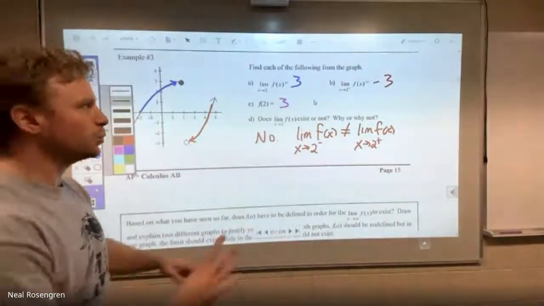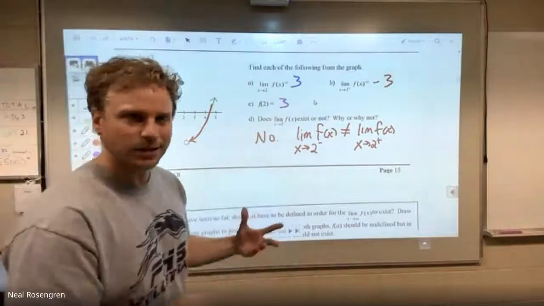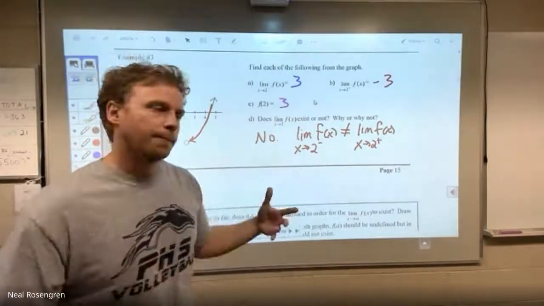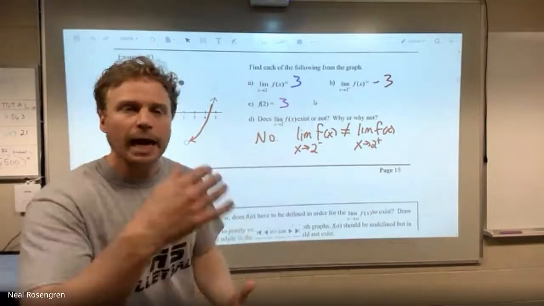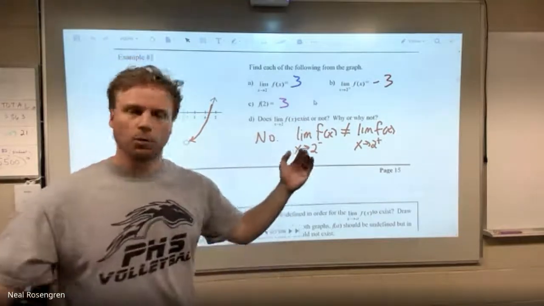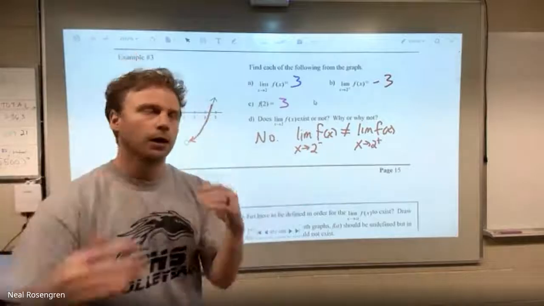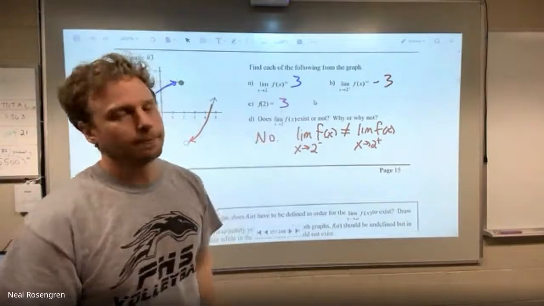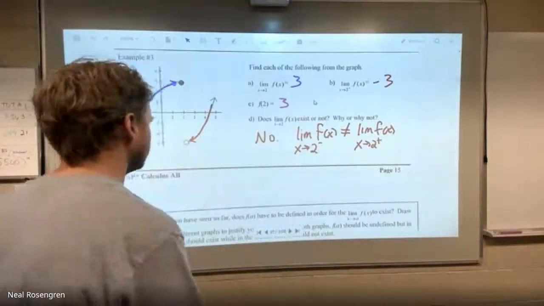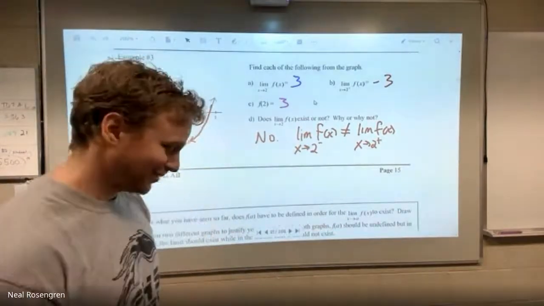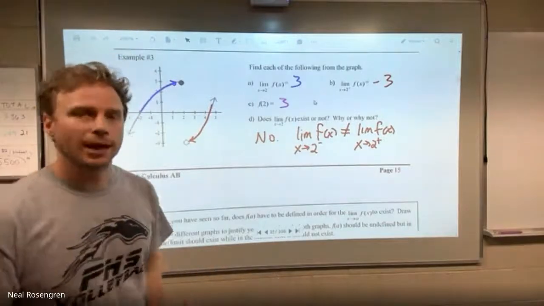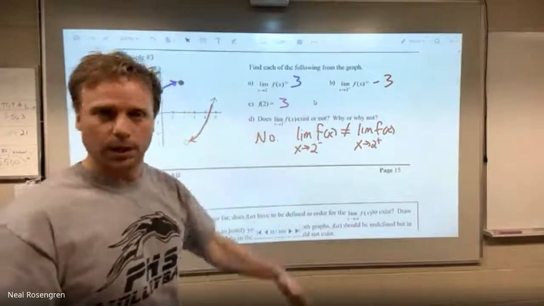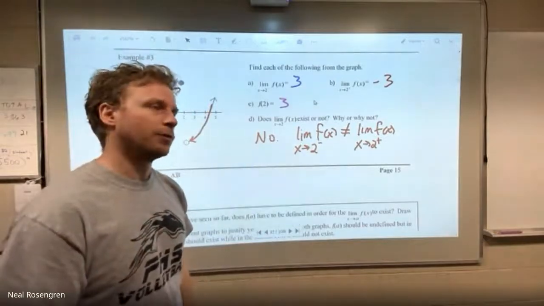But because we've got a limit that doesn't exist, there's got to be some kind of break, some kind of discontinuity that shows up, because the only way that limits can't exist is either we're approaching some kind of asymptote, right? Or we're approaching different values from one side or the other. Love it. Good. So there's 3 really good examples of the different kinds of discontinuity that we'll see along the way.